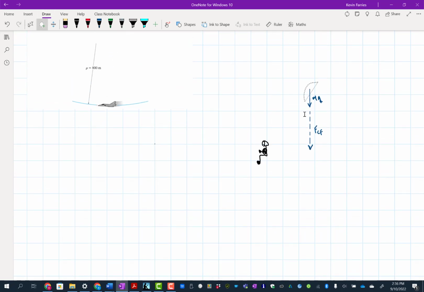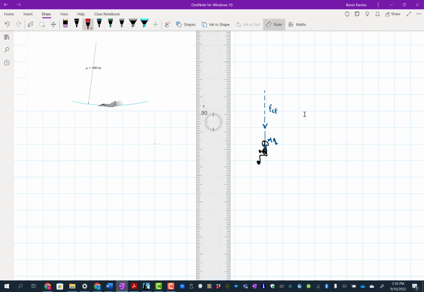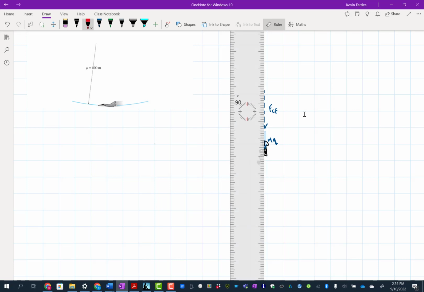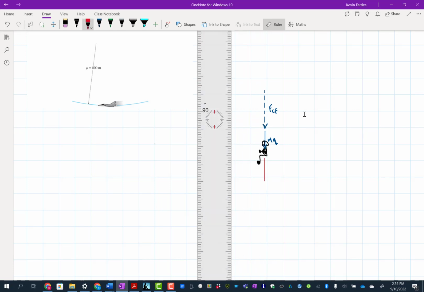Just get rid of that ruler while I'm doing this. So you're going to have an mg acting down on that center of gravity. Then we're also going to have a centrifugal force that's pushing the pilot down into their seat. Then we're going to have a reaction. So the reaction is going to be from the seat onto the person, and that's our centripetal force.